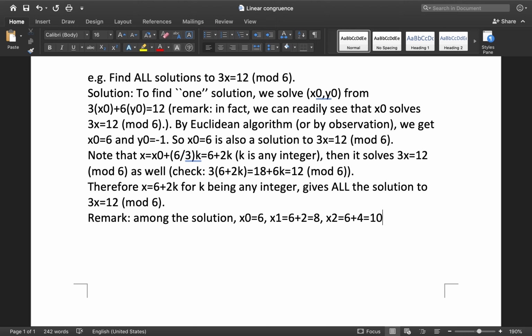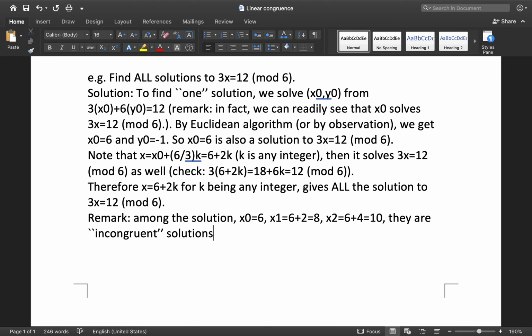So now actually you can start writing different solutions. If you look into the solutions more carefully, you can see that these three solutions are incongruent solutions. Incongruent solutions means they are not congruent with respect to the congruence modulo 6. You can check it.